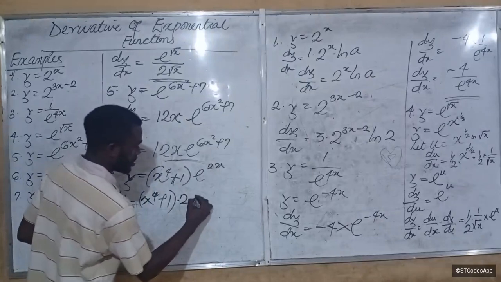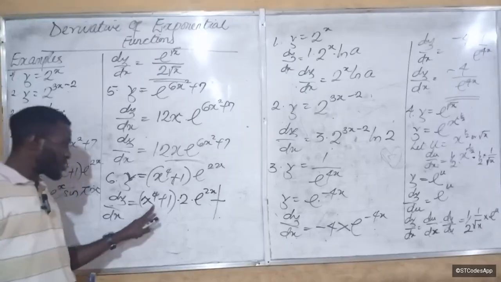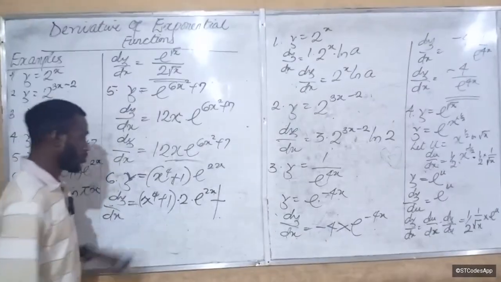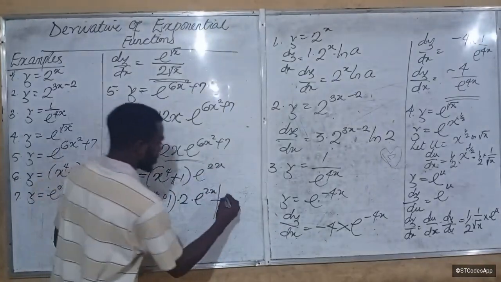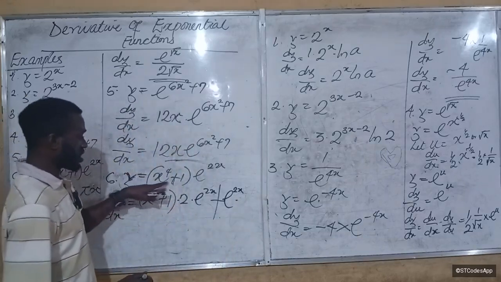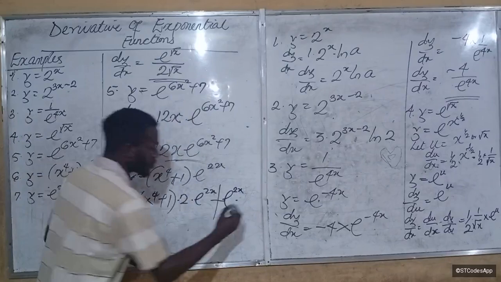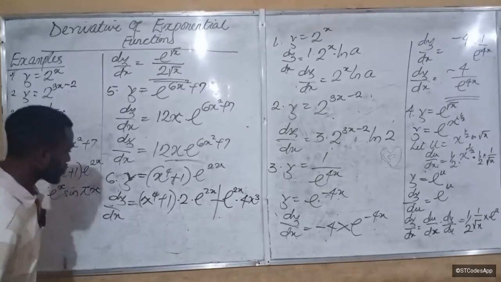Then I'll have the function itself, which is e to the 2x. Now plus, this is now v du/dx, or u dv/dx, either way. So then I'll hold this, that's 2x, dot, and differentiate this. If I differentiate this, it's going to give me 4x cubed. So I have 4x cubed. I hope that is clear.